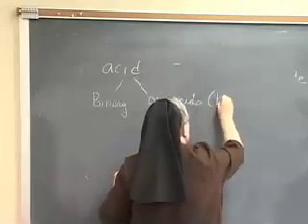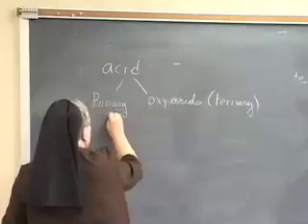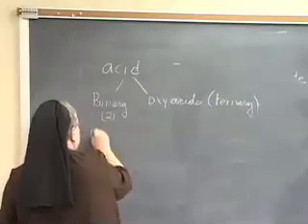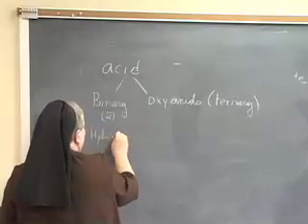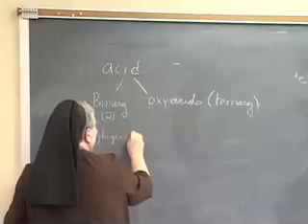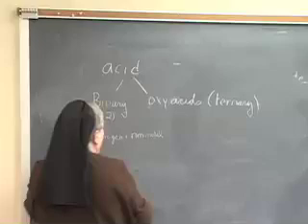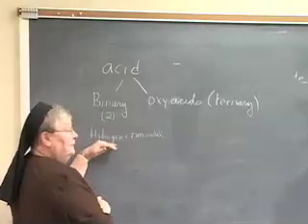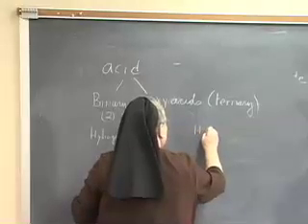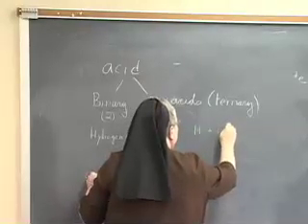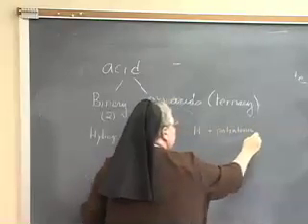And these are sometimes called ternary. Binary means you have two elements present, hydrogen plus a nonmetal. The hydrogen is always there in the positive place. That makes it the acid. Or over here, you have hydrogen plus a polyatomic anion.